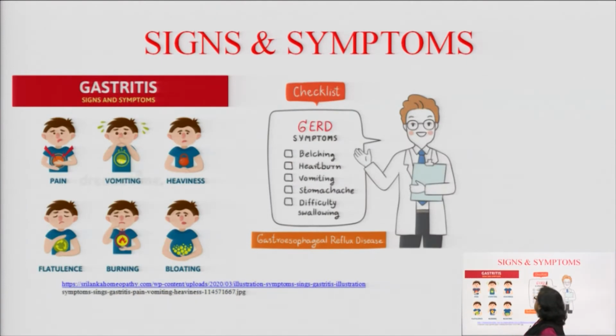See the signs and symptoms in the case of gastritis. The common symptoms are abdominal pain, vomiting, heaviness, flatulence, burning, heartburn, bloating, and feeling full of gas. These are the common signs and symptoms found in a patient suffering from gastritis.